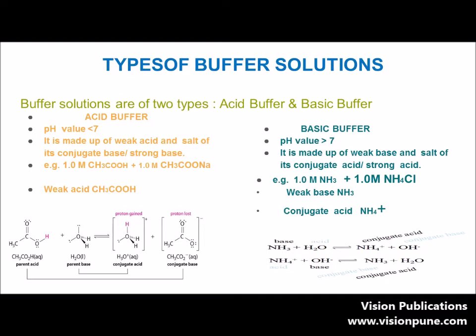So for this, ammonium is acid, hydroxide ion is base, but now it has conjugate base ammonia and conjugate acid water.